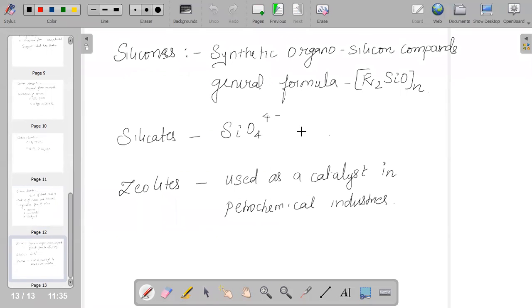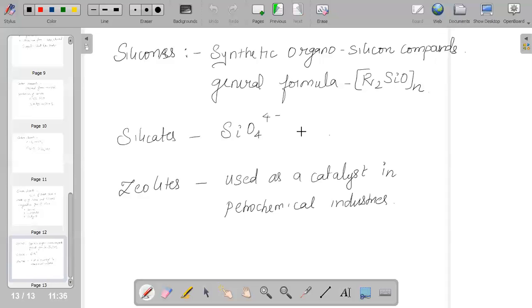Silica in its normal form is almost non-reactive because of the high bond enthalpy between Si and O. Silicon dioxide is used as a catalyst in the petroleum industry.